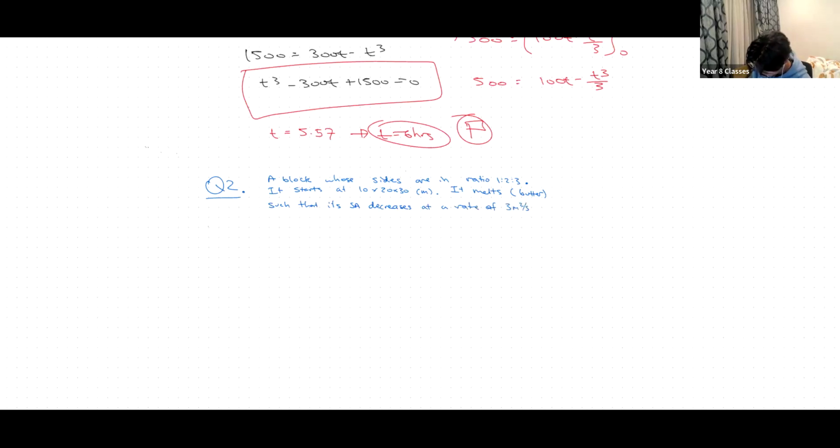The question is, find the time taken to reach 1 by 2 by 3 meters. Okay. And then as a little sub question for part 2, so we'll call this part 1, find dV/dt at that time.